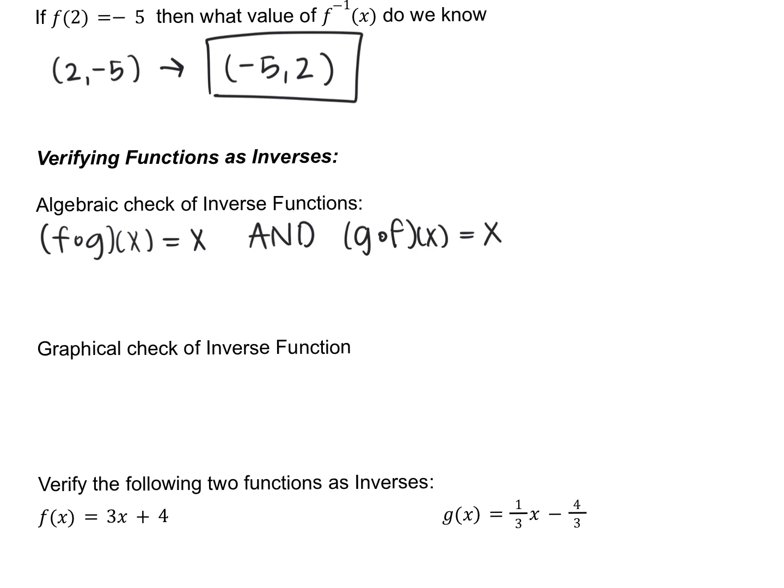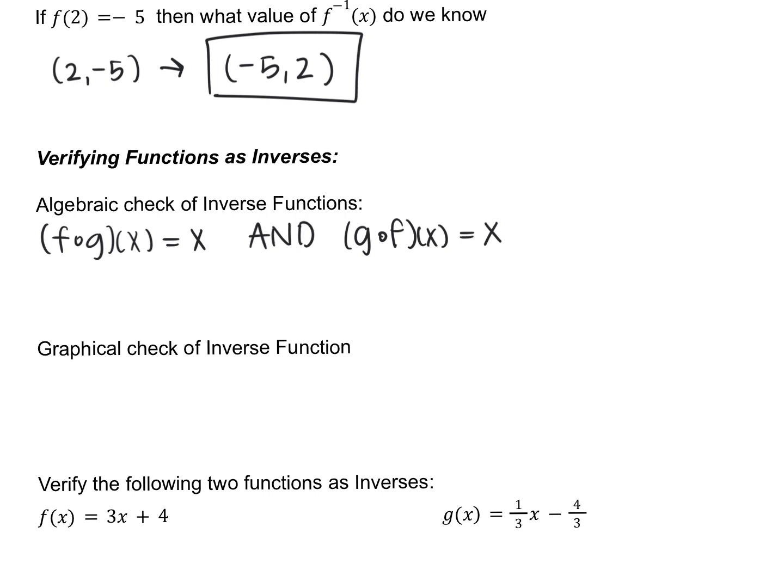So the one time you actually want your two compositions to be equal is if you're verifying if they're inverses. And it's not just that they're equal, it's that they both equal x. So you perform both compositions, and if both compositions equal x, then those two functions are inverses of each other.